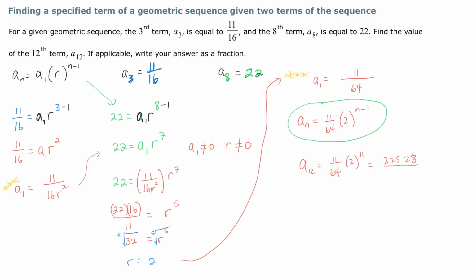22528 over 64. This is reducible by 4, so let's write the expression again. 5632 over 16. This is once again reducible by 4. So let's reduce it again. Now you're probably wondering, how come I know it's reducible by 4?